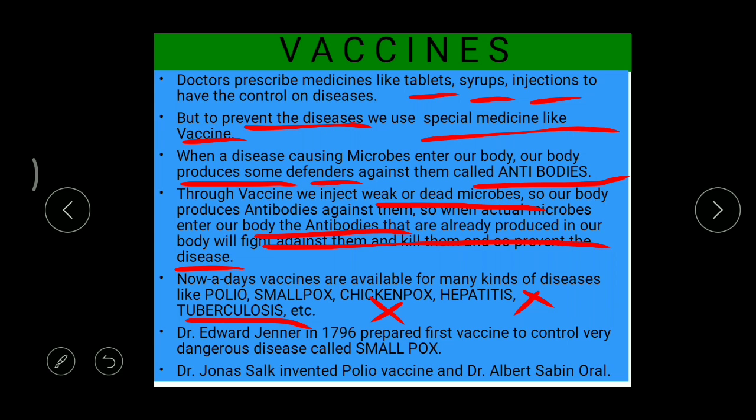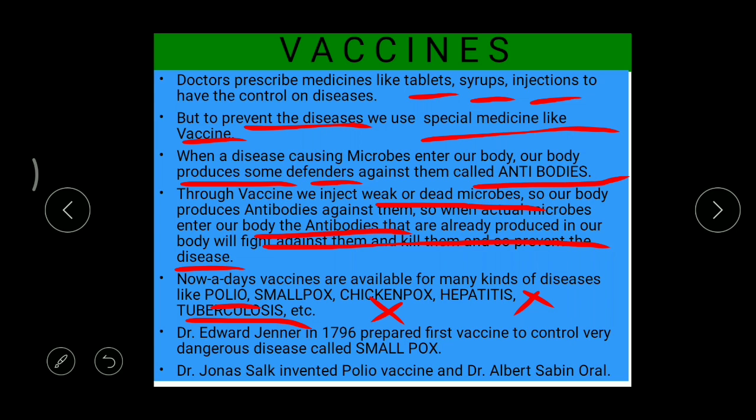And nowadays, these vaccines are available for almost all the diseases like polio, smallpox, chickenpox, hepatitis. Hepatitis means like jaundice, and tuberculosis and many more, right? And now and then you may observe the pulse polio program, right?